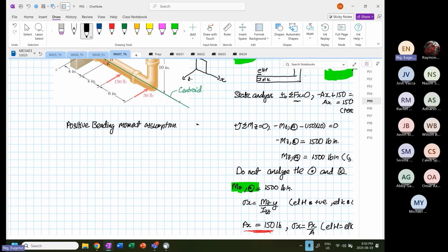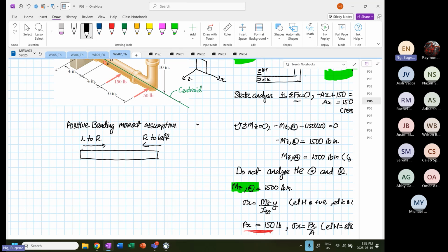Okay, when this is your beam, I call this left to right. Analysis from left to right. And the other one, analysis will be from right to what? Left. You look at the arrow.